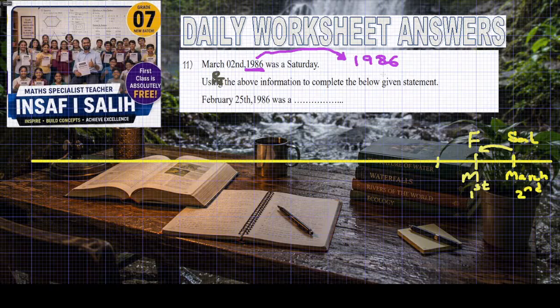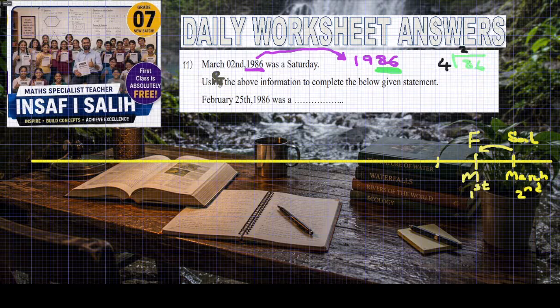We look at the last two digits. What is the number formed by the last two digits here? It is 86. Is 86 divisible by 4? Let's divide 86 by 4.